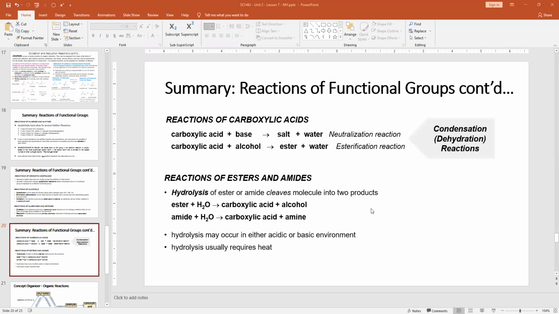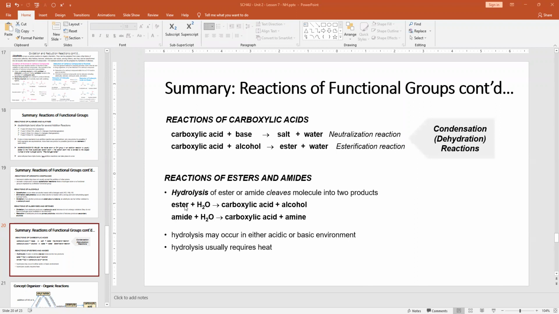Esterification reactions are condensation, dehydration type reactions where a molecule of water is lost. And then reactions of esters and amides. Hydrolysis of an ester or amide cleaves the molecule into two. If you recall, hydro means water, lysis means breaking up, so using a molecule of water to break another molecule.